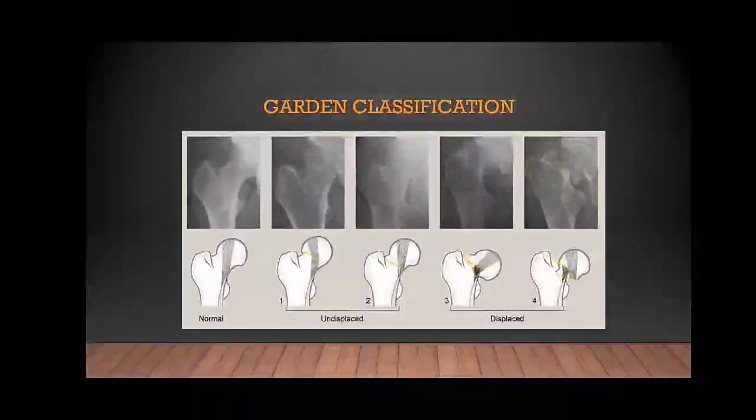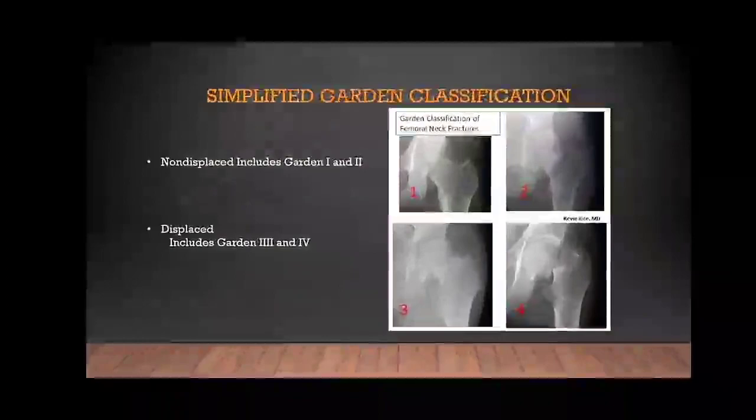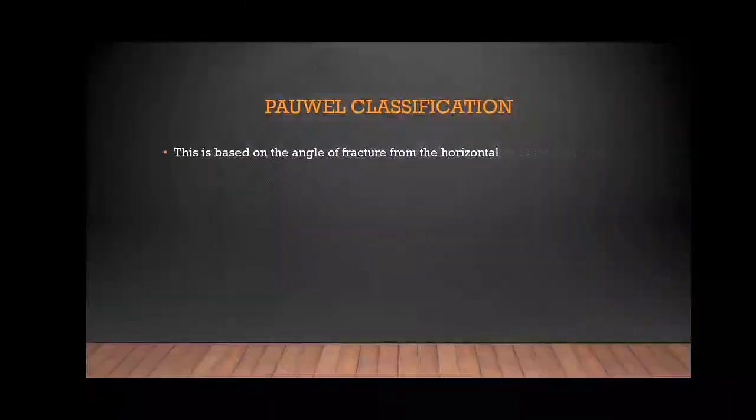In stage 3, there is a break in continuity of the trabeculae, and in stage 4 there is a break in continuity of the trabeculae and displacement. A simplified Garden classification can be described as grade 1 and 2 as non-displaced fracture, and displaced is grade 3 and 4. This is having a lot of limitations, Garden's classification.